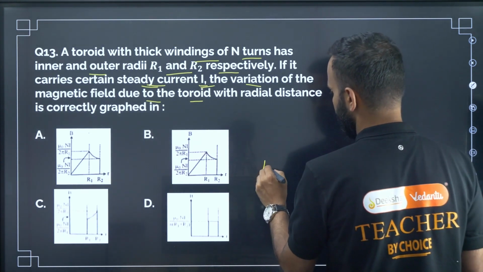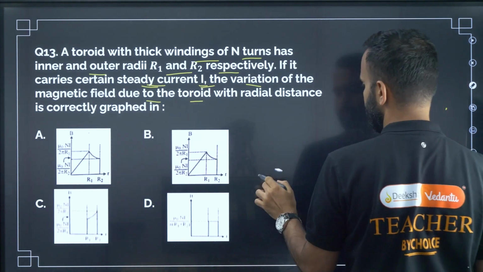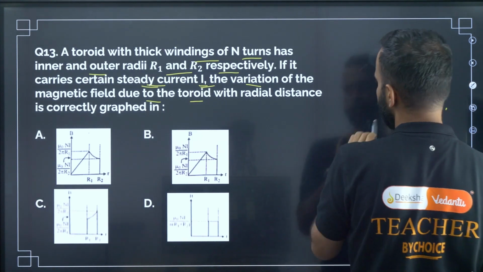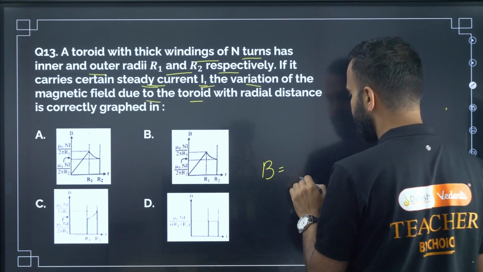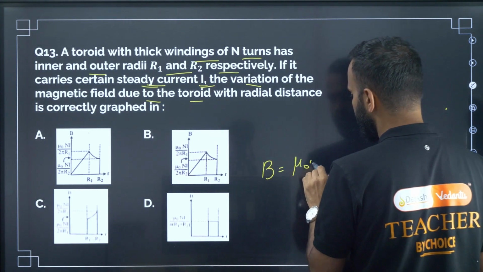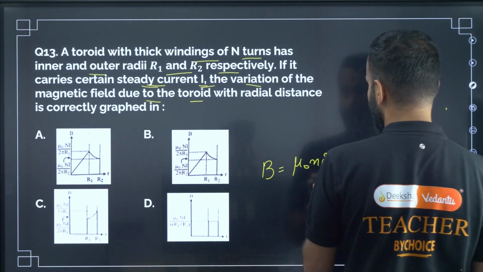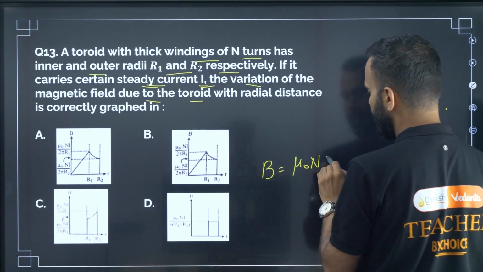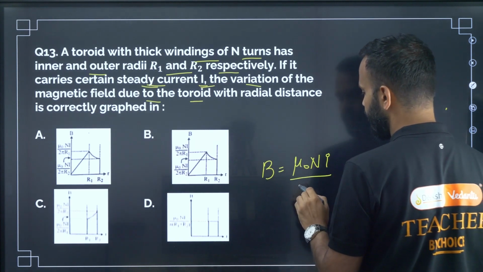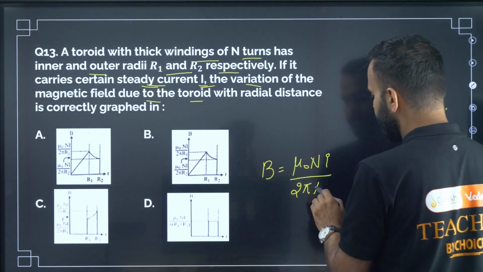Here, the magnetic field due to the toroid. Magnetic field inside the toroid, B is equal to mu naught into capital N into I, not small n into I, capital N into I divided by 2 pi r, right?